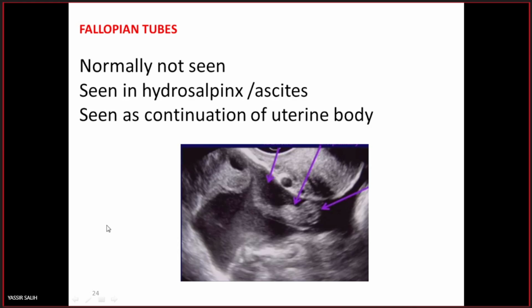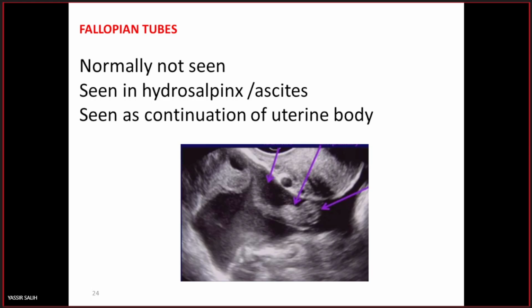طيب the other structure تكلمنا عن uterus, then the ovary. طيب fallopian tube. What about the fallopian tube? Normally the fallopian tube is not seen by ultrasound unless this tube is dilated. إذا كان fallopian tube dilated بنسميه hydrosalpinx. If the fallopian tube is dilated, it can be seen by ultrasound, but normally it is not displayed.